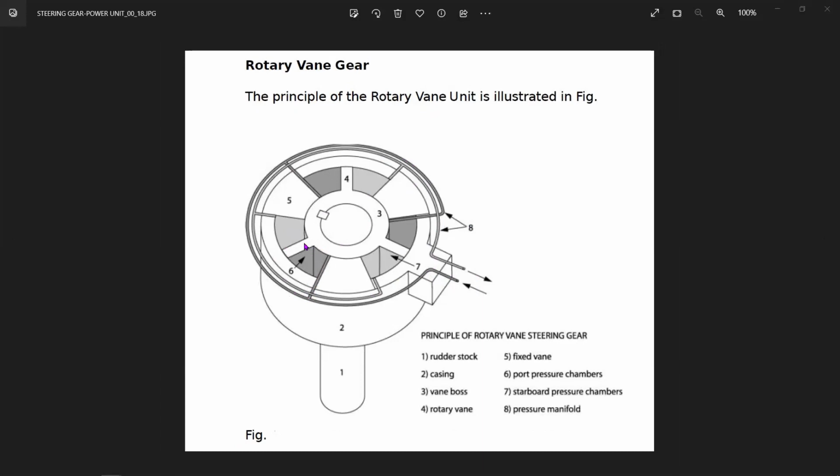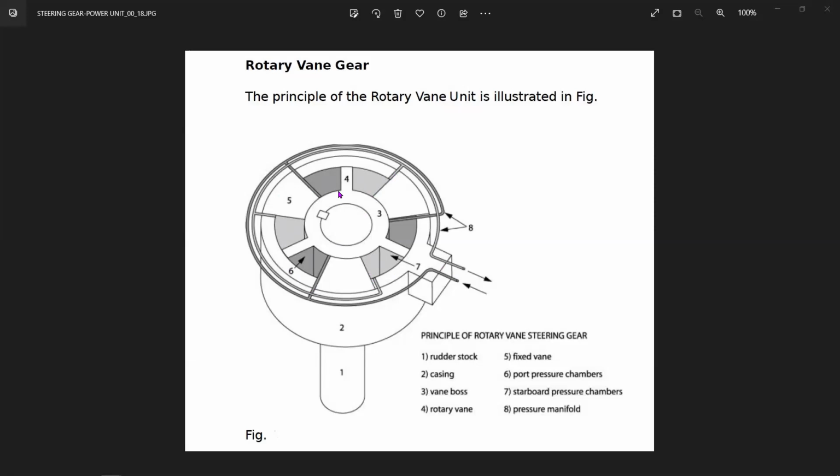One going into cylinder space number 6, one going into cylinder space number 4, one going into cylinder space number 3. Then there is an outlet ring, connected to 7, 5, and 4. So you've got three chambers on each side.